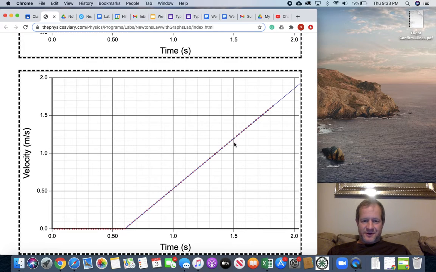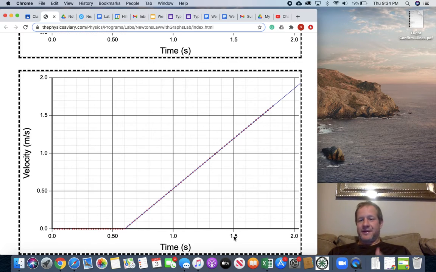This is a nice good grid crossing. We have 1.5 seconds here, and we have 1.2 meters per second. So now if I were to calculate that slope, my rise would be from 0 to 1.2, so 1.2 meters per second, and my run would be from 0.6 to 1.5, so that would be 0.9 seconds. So I would take 1.2 meters per second divided by 0.9 seconds, and I would get some number.